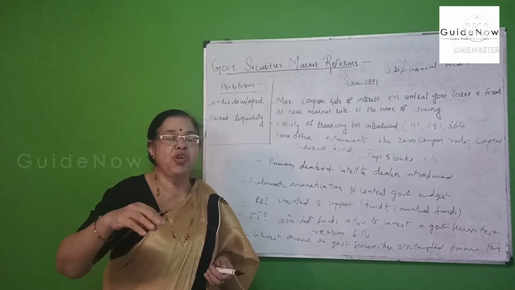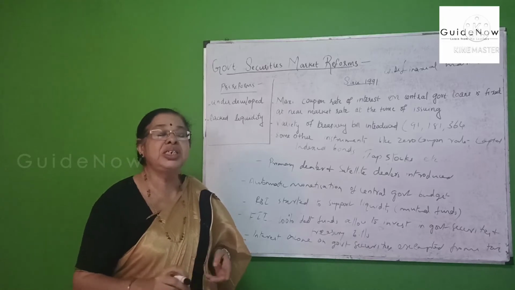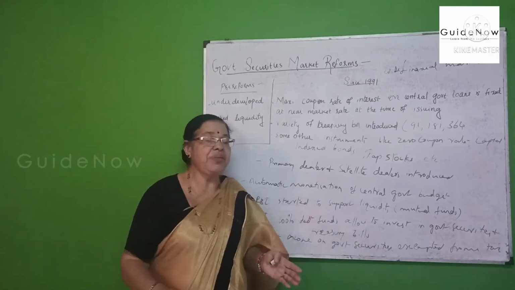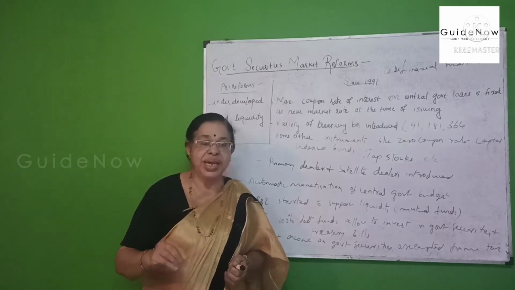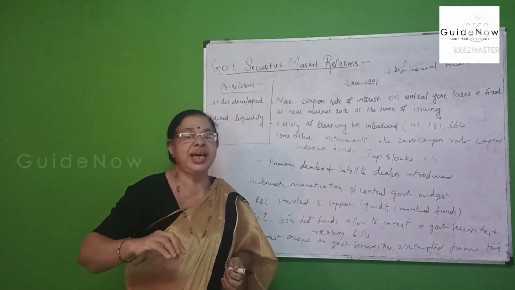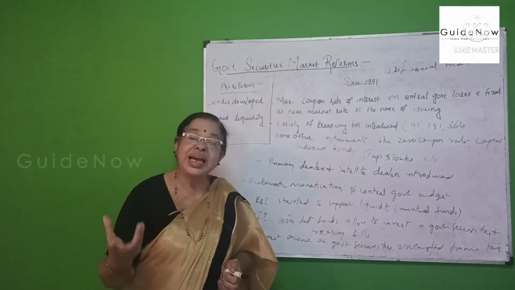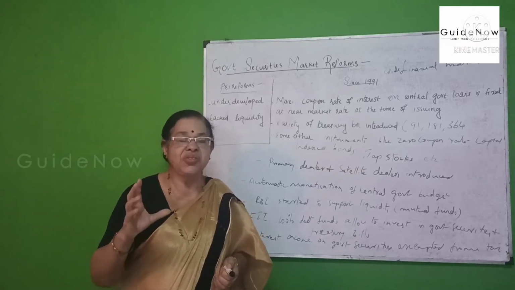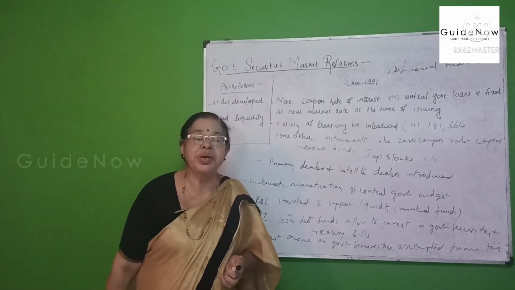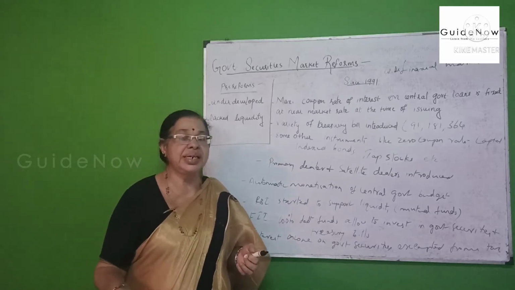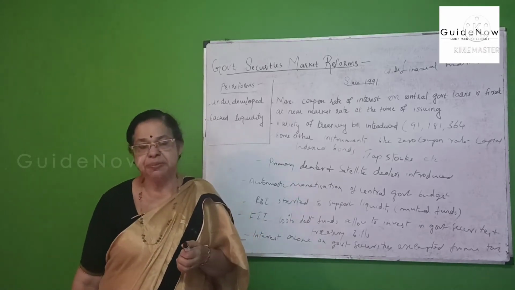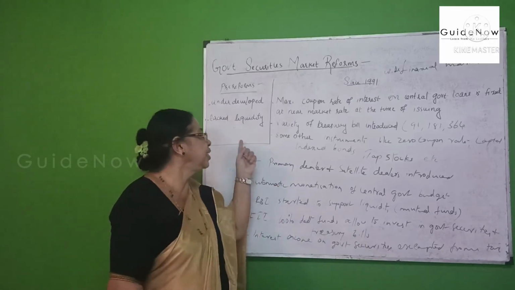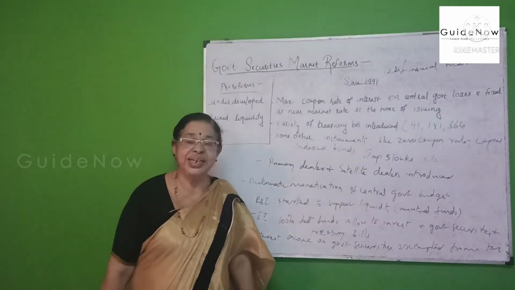There was no performance evaluation or much development in the issuing of treasury bills and securities. That's the first problem: underdevelopment of government securities and treasury bills. Second, they lacked liquidity.